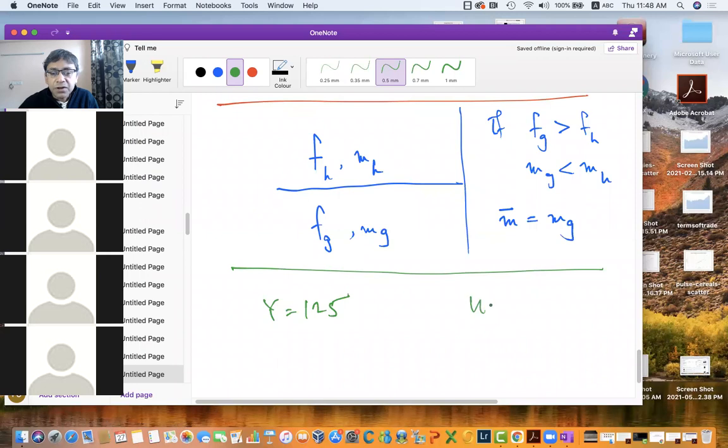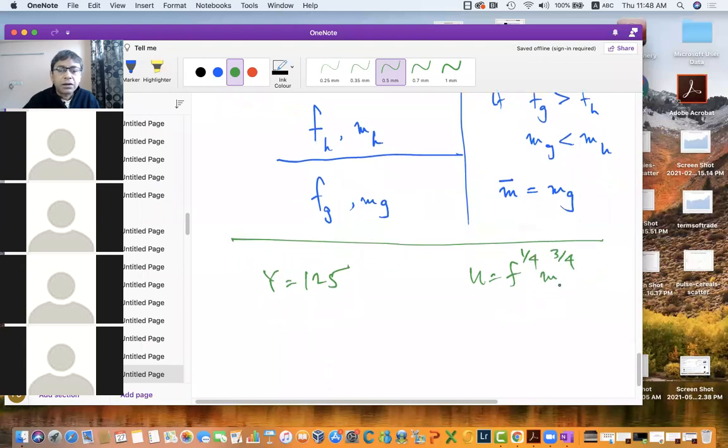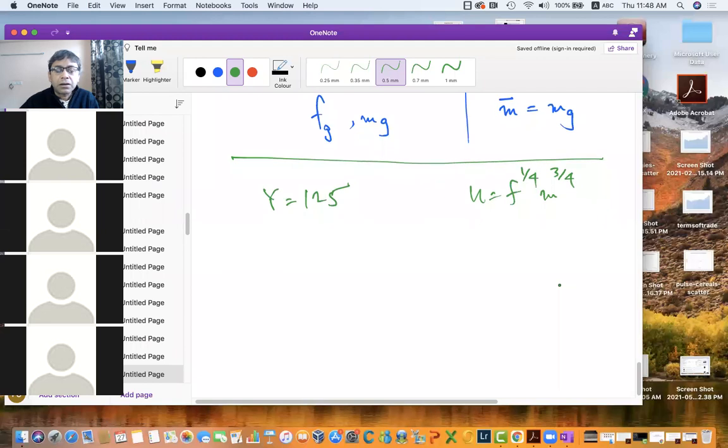So utility was what? F to the power 1/4, M to the power 3/4. And the prices were 5 and 1. Remember, food price is 5, movies price is 1. So right away, how much would be their ideal food consumption?